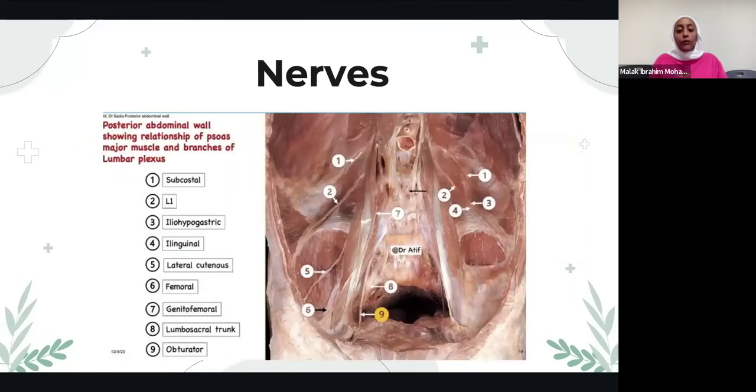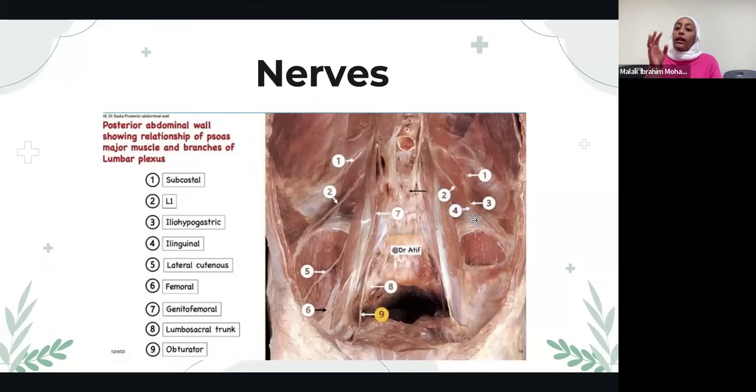Okay. Lastly, we'll end up with the nerves. This picture is really important because I remember in our exam, he gave us the exact same photo. So let's start. The first nerve you have to know is the subcostal nerve, which is below the last rib, rib 12. Then you're going to have this one, which is L1. This L1 divides into two, the iliohypogastric and the ilioinguinal.